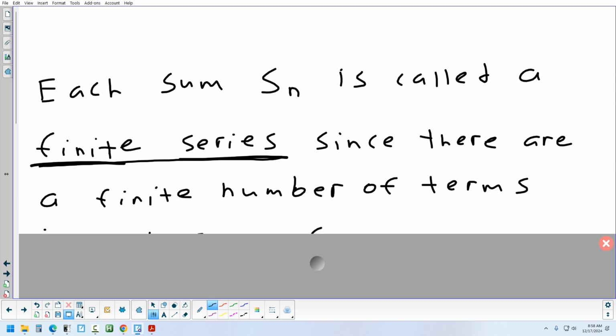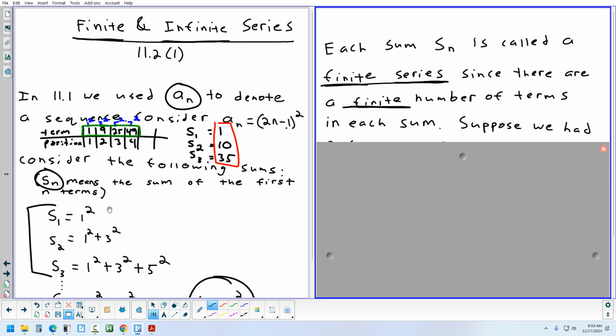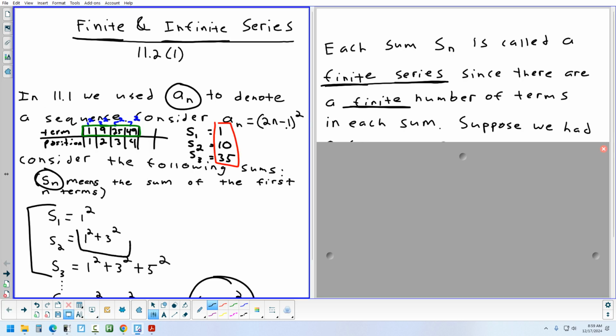And the reason it's finite is because it didn't go on forever. It had a stopping point. Like, that's S2. 1 squared plus 3 squared, stop. There's nothing else. S3, 1 squared plus 3 squared plus 5 squared, stop.